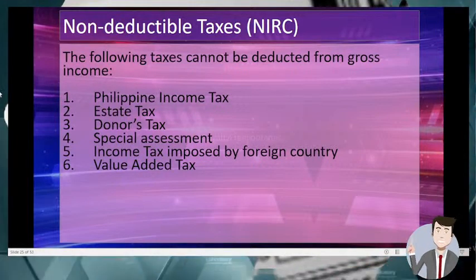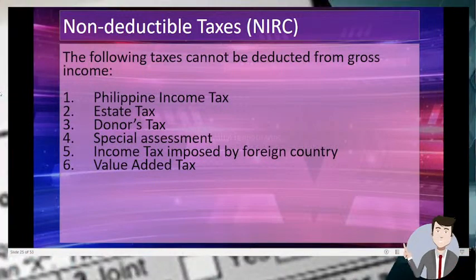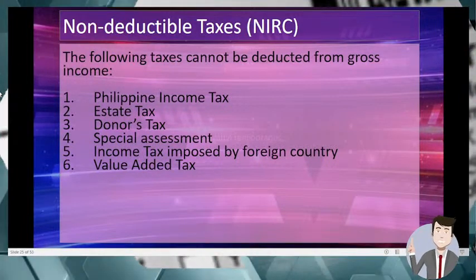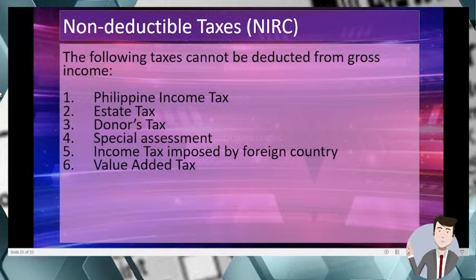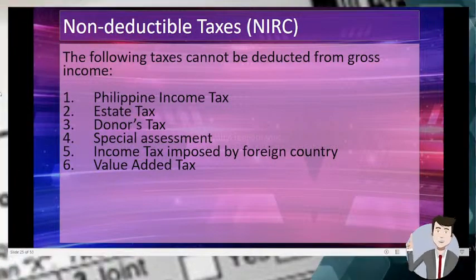So if you receive your sales which are subject to VAT, it will be compensated or offset against the VAT from your purchases. So we have what we call output tax and input tax in our Tax 2 next semester.